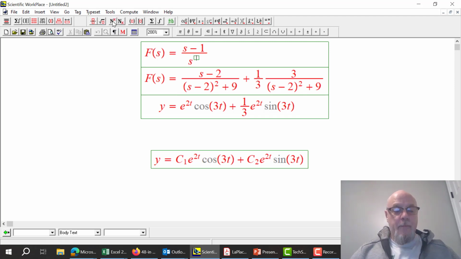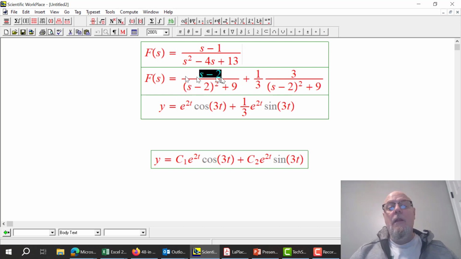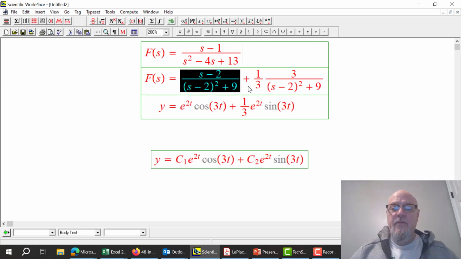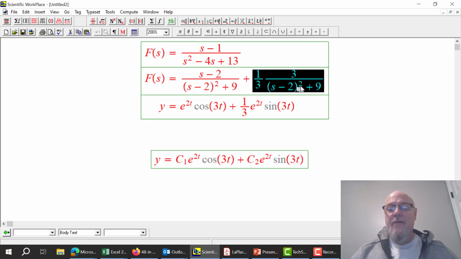So that was s squared minus 4s plus 13. So we looked at it, it was over a quadratic. We had to see if the quadratic factors or doesn't factor. It doesn't factor. So we completed the square and then lined up the cosine piece first, and then with the balancing leftovers, we lined up the sine piece.